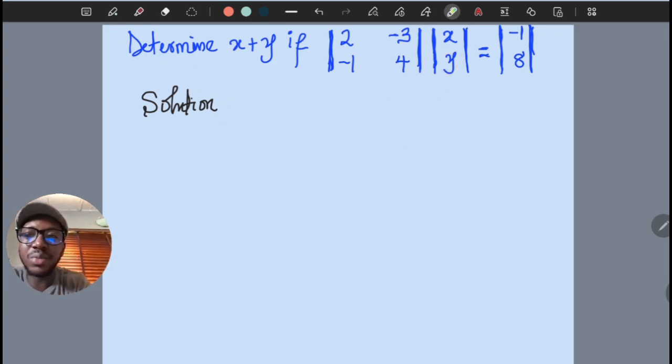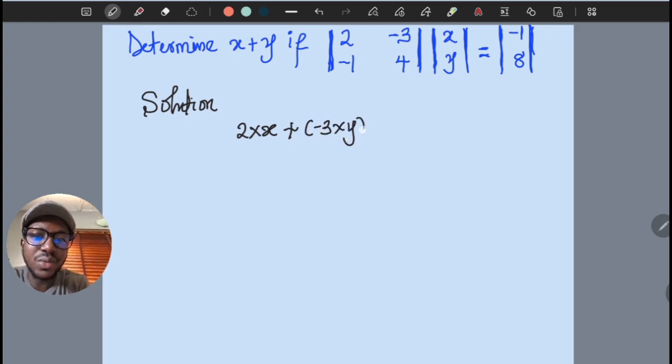So what that simply translates to is that we are going to be having 2 times x plus minus 3 times y. Then the same thing we do to minus 1 and 4 as well. So minus 1 and 4 is also going to be multiplying this first column here.